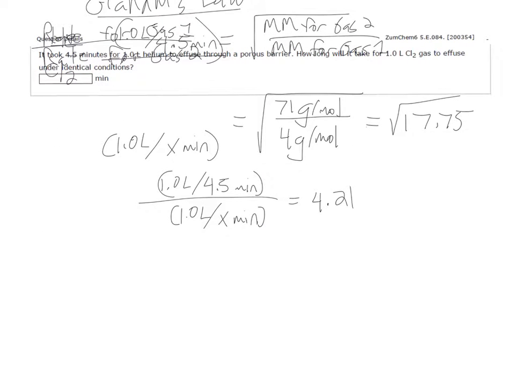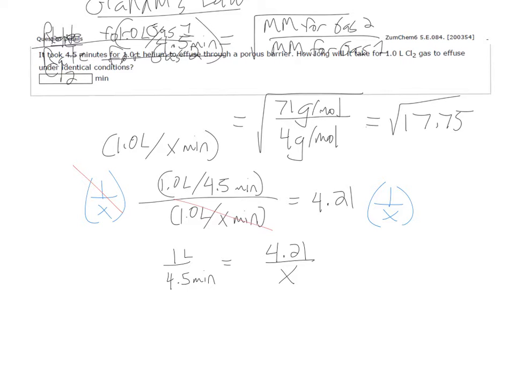So if we follow where we're going here, if we multiply both sides of this equation by 1 over x, that would cross out, and we'd be left with 1 liter over 4.5 minutes equal to 4.21 over x.